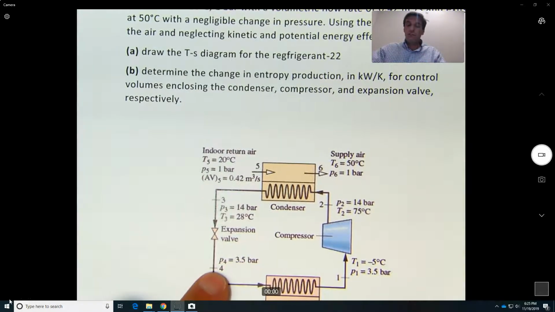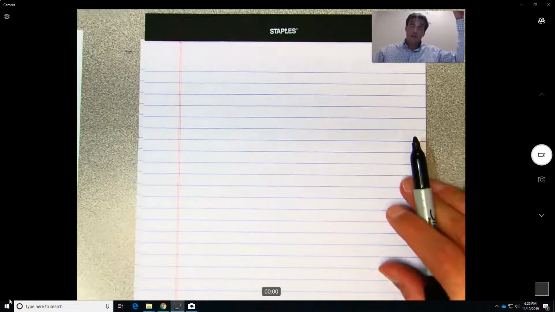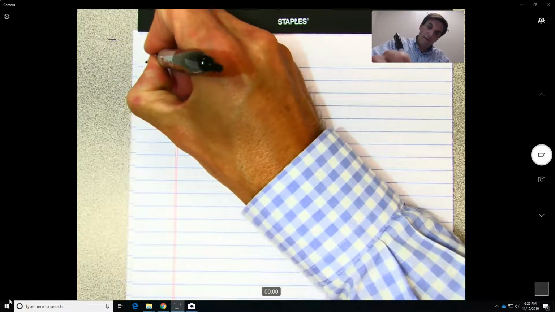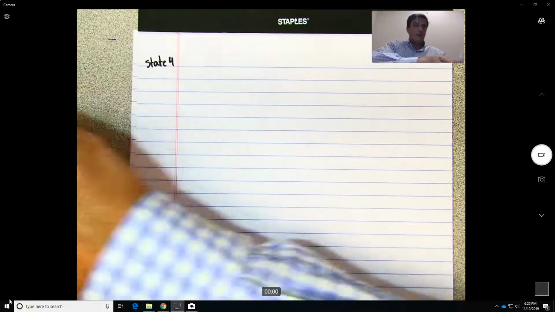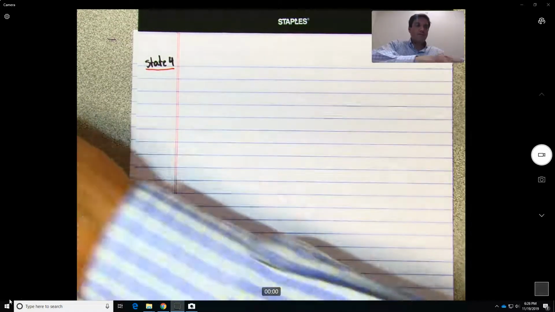In order to find the state at 4, remember we always need to know two things. But what happens when you go through an expansion valve? We know that H4 should be equal to H3. So at state 4, we know basically two things.